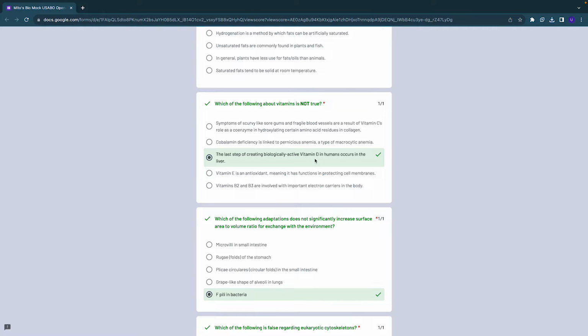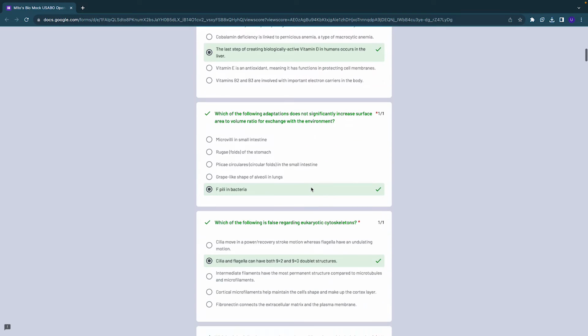And then the first step of activating it occurs in the liver, and then the last step occurs in the kidney. So the rest of the answers are true. This first answer choice is true. So is the second one, and vitamin E is an antioxidant, and this is what antioxidants do. And B2 and B3 are involved with FADH2 and NADH, which are important electron carriers.